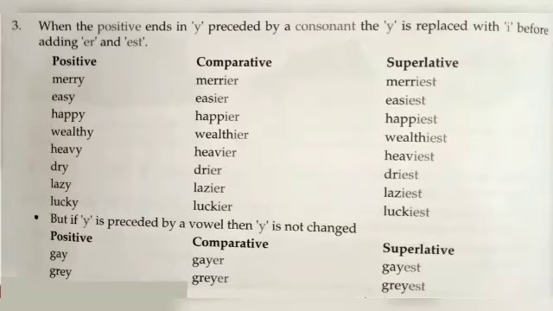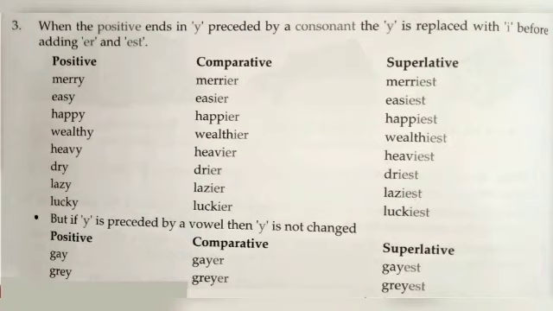Third point, when the positive ends in Y preceded by a consonant, the Y is replaced with I before adding ER and EST.